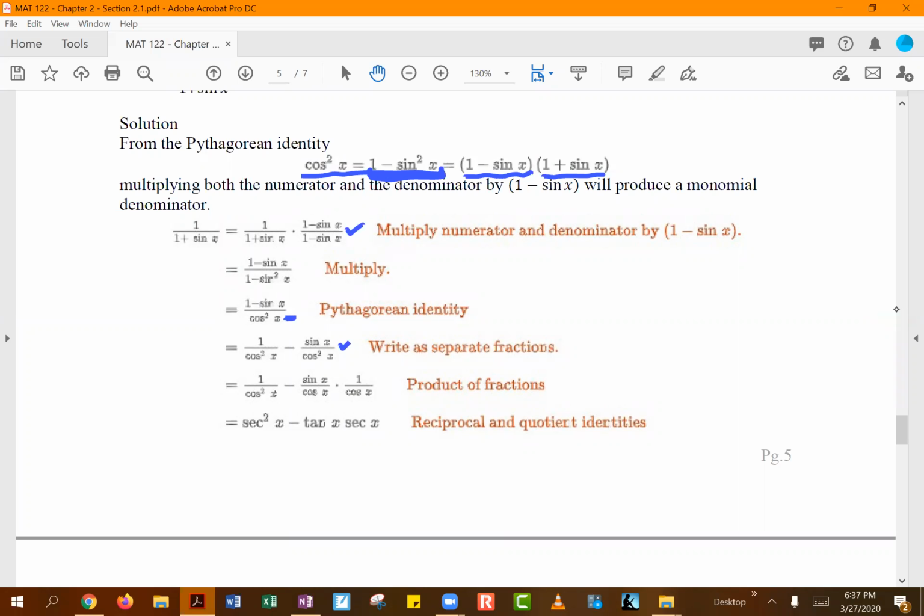Now, if you rewrite the 1 over cosine square of x, that becomes your secant squared, again, using the reciprocal identity. And then sine of x over cosine of x will become tangent of x, and 1 over cosine of x will, of course, again become secant of x. So you can see we are rewriting this original expression so that we no longer have fractions.